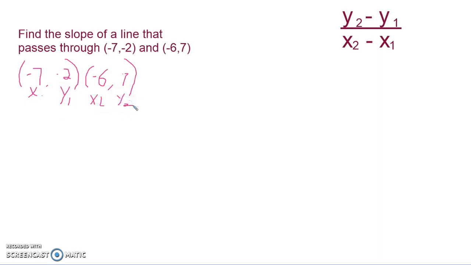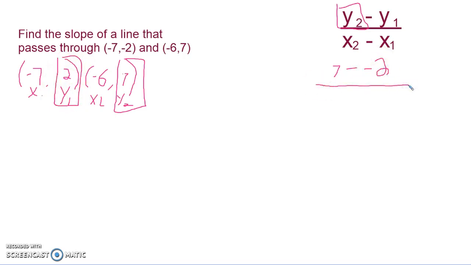And now I can take these and plug them straight in. So I need to find my y2, which is the 7, minus my y1, which is -2. So it's 7 minus -2, divided by my x2, which is -6, minus my x1, which is -7. So I have minus -7.